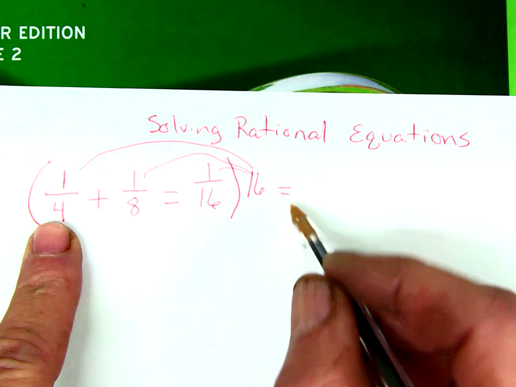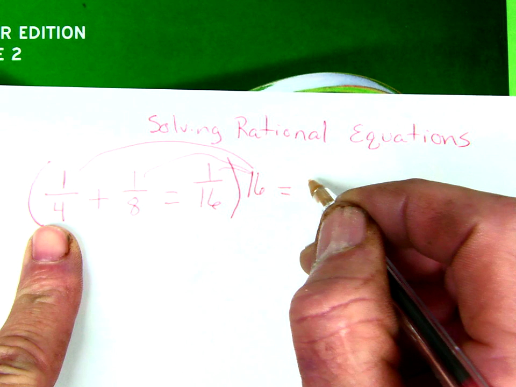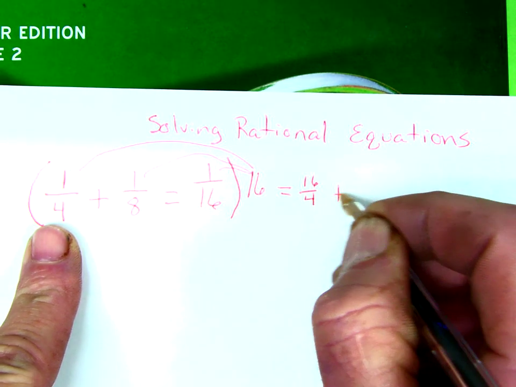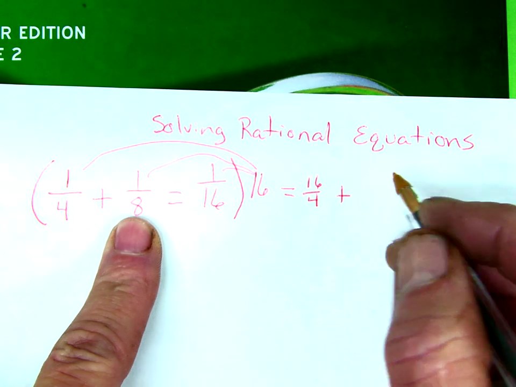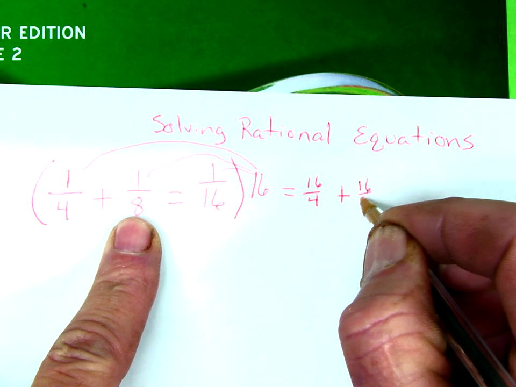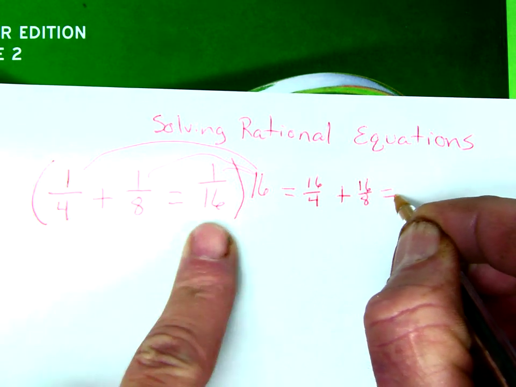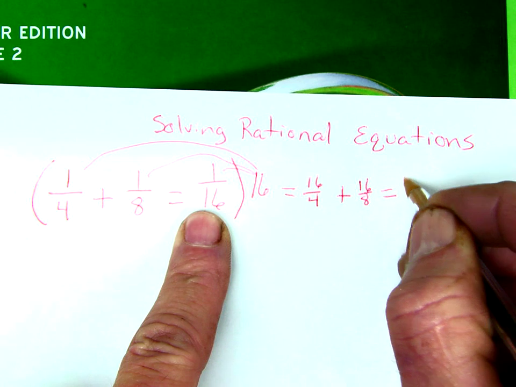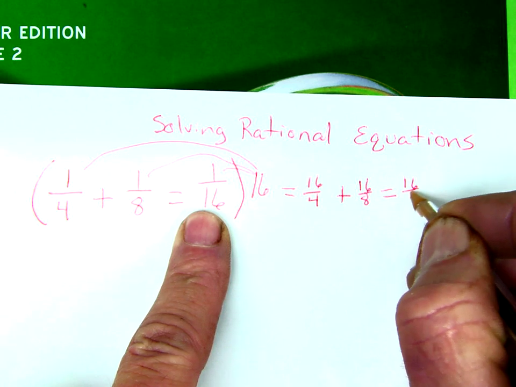Okay, so if I multiply 16 times 1 over 4, I get 16 over 4. Plus, multiply 1 over 8 by 16, I get 16 over 8. And 1 over 16 multiplied by 16 is 16 over 16.